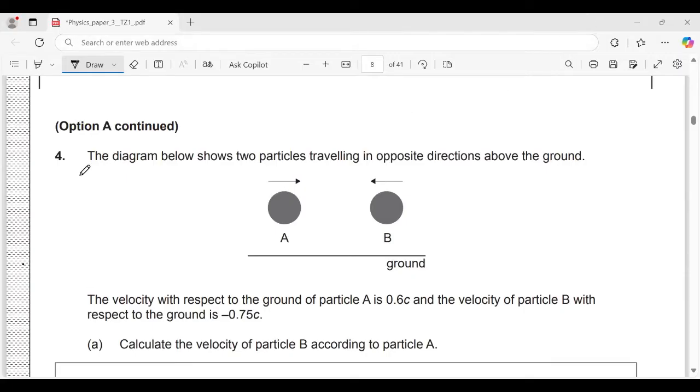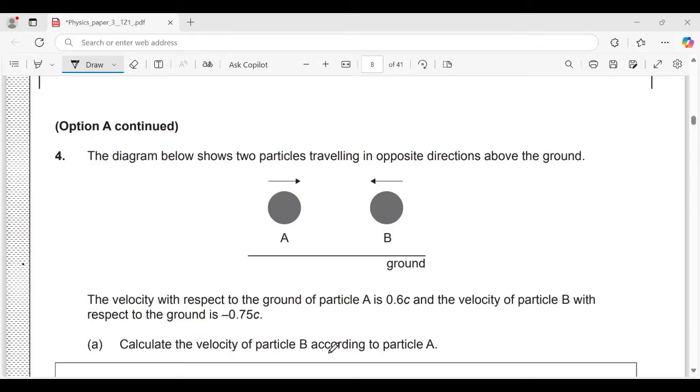Number 4. The diagram below shows two particles traveling in opposite directions above the ground. The velocity with respect to the ground of particle A is 0.6 c, and the velocity of particle B with respect to the ground is minus 0.75 c. c is the light speed, right?